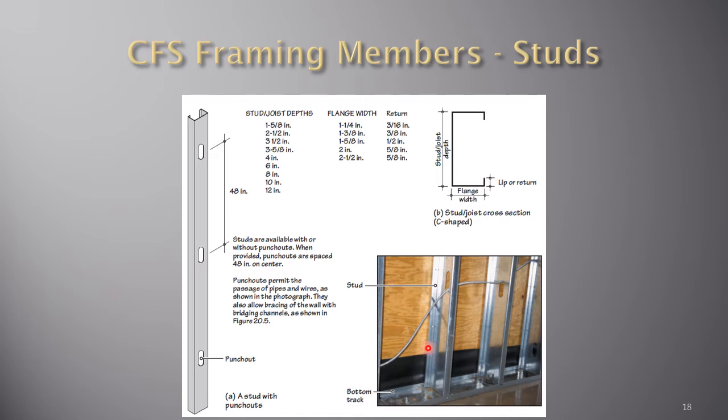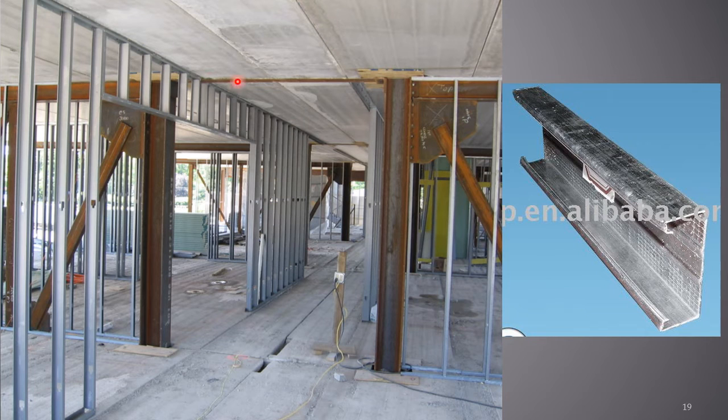These are studs, cold formed studs, and there are cutouts so that electrical or plumbing lines can move through them, and there are varying depths and widths of stud and flange. And this is usually the application for these metal studs.